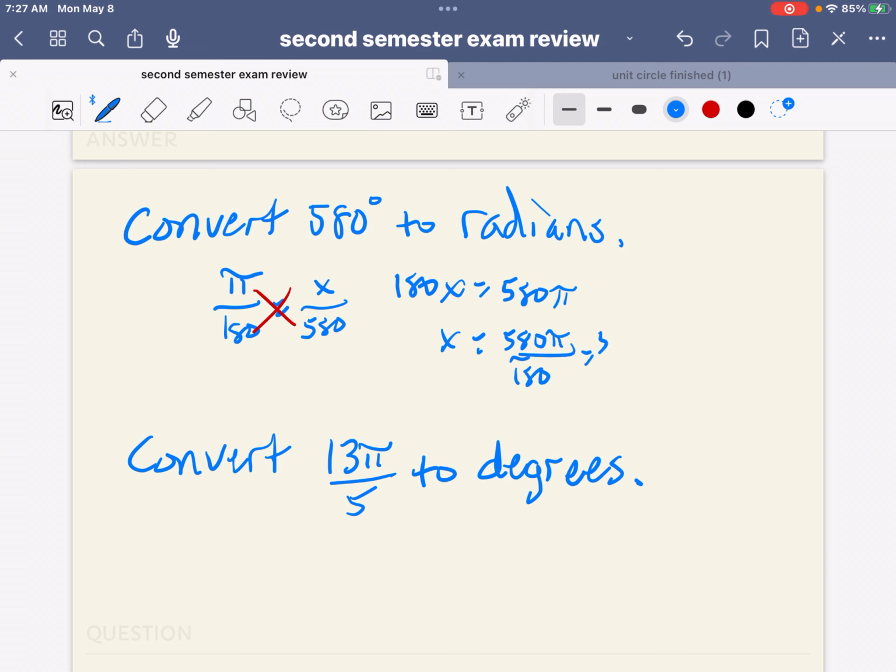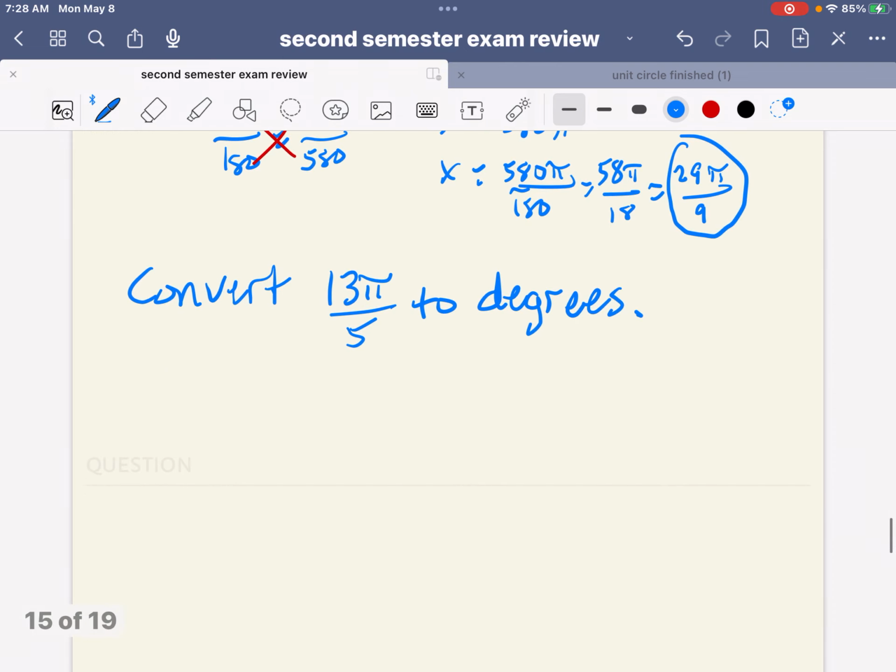I can simplify that to 58 pi over 18. And then let's see, 58 divided by 2 is 29 pi, and 18 divided by 2 is 9. So 29 pi over 9 is equivalent to 580 degrees.